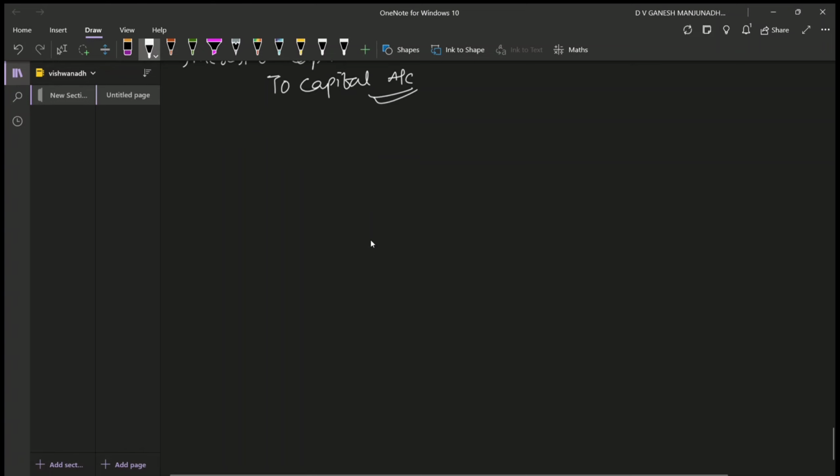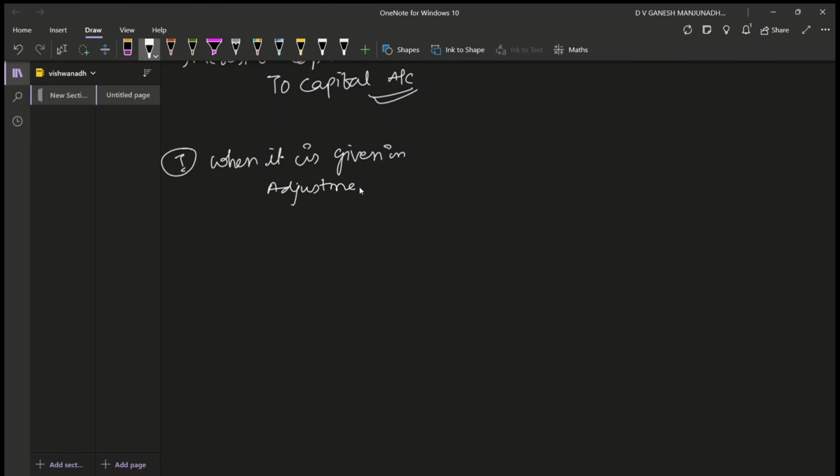So again same two situations: when it is given in adjustments, what we need to do, and when it is given in trial balance, what we need to do.